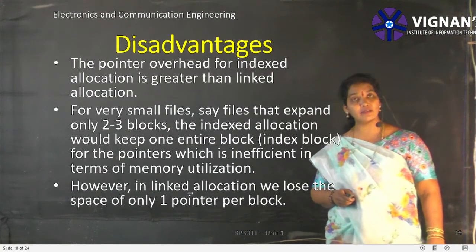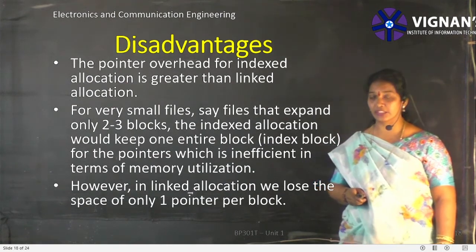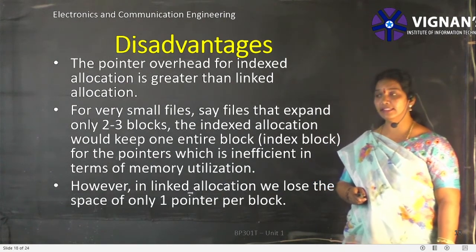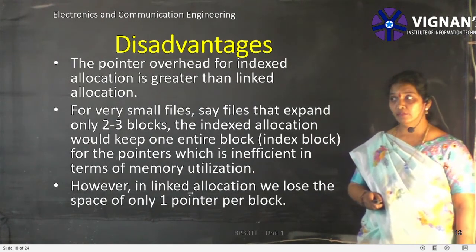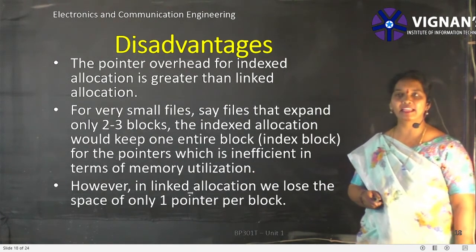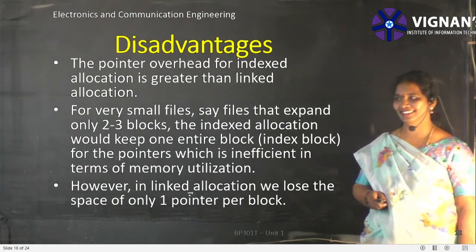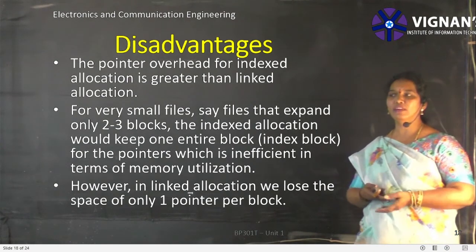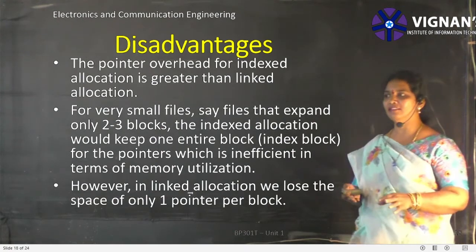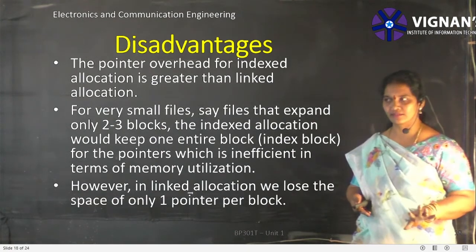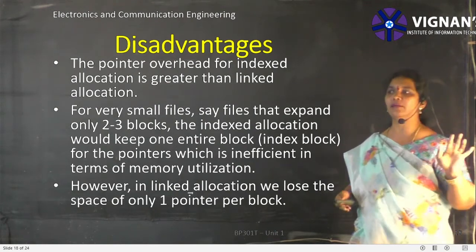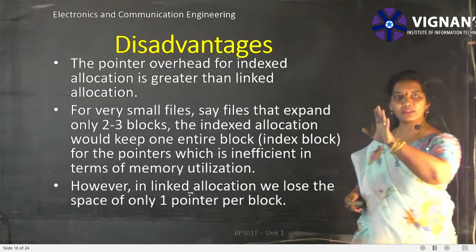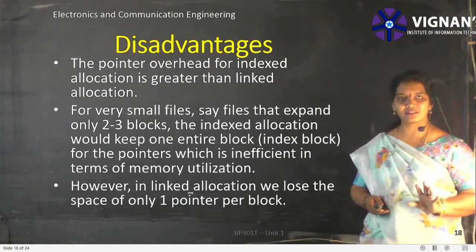And what are the disadvantages of this indexed allocation? The pointer overhead for indexed allocation is greater than linked allocation. For very small files, say files that span only 2 or 3 blocks, indexed allocation will keep one entire block to point to these 2 or 3 blocks.